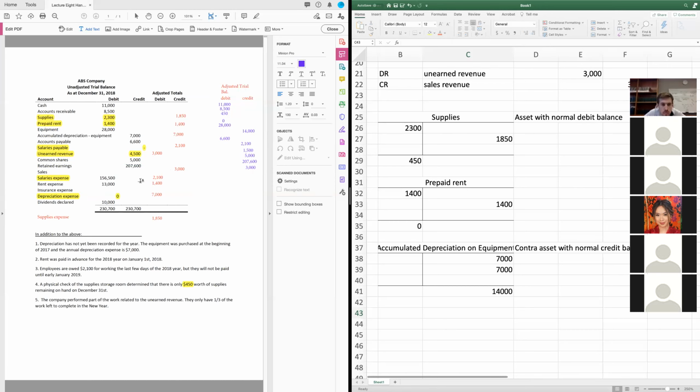These two together will be 158,600. My rent expenses is these two together, 14,400. My insurance, 0, still 0. My depreciation, 7,000. And my supply expenses, 18,500. And the dividend declared.